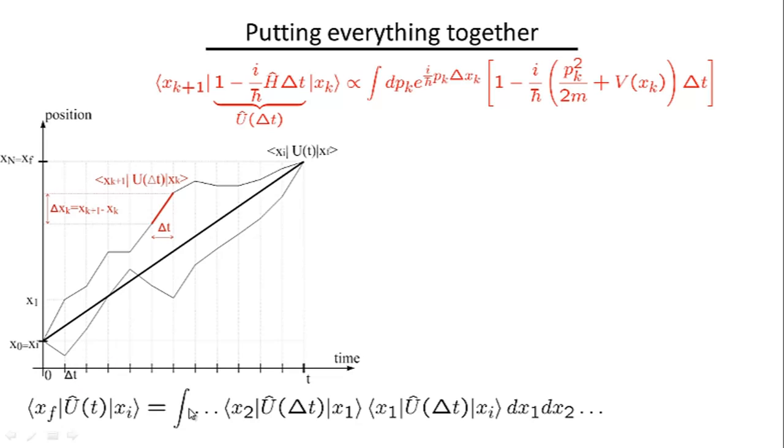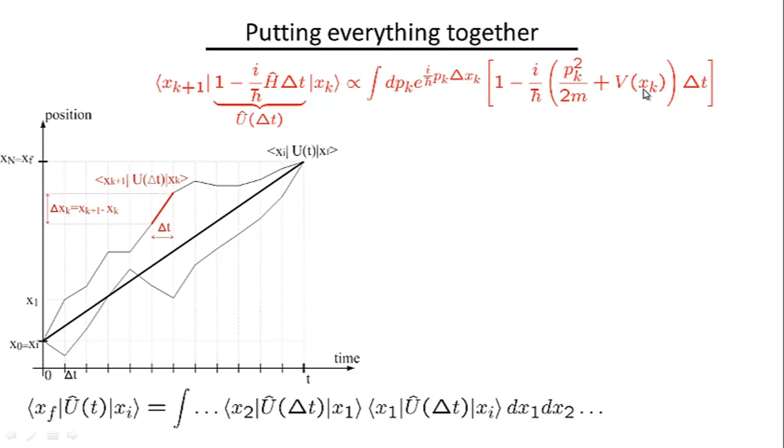In doing so, we represented our initial propagator as a product of these small propagators, going from this point to x1, from x1 to x2, and so on. Basically, to calculate these many matrix elements, to calculate this U of delta t, we needed to calculate this expression, and we have done so. So this is the expression, and now we can just use it.